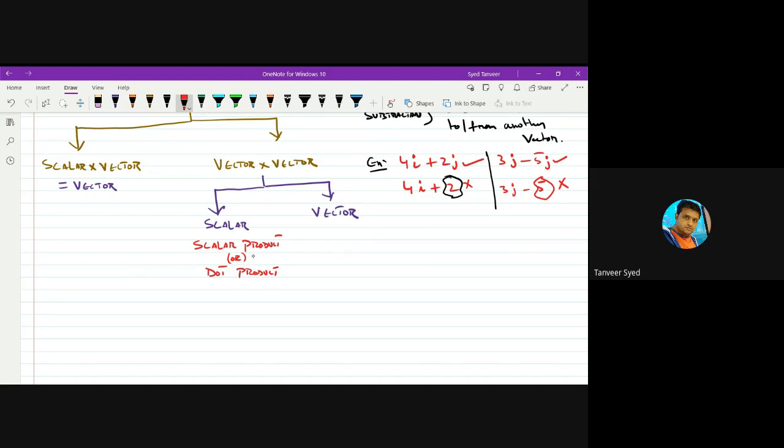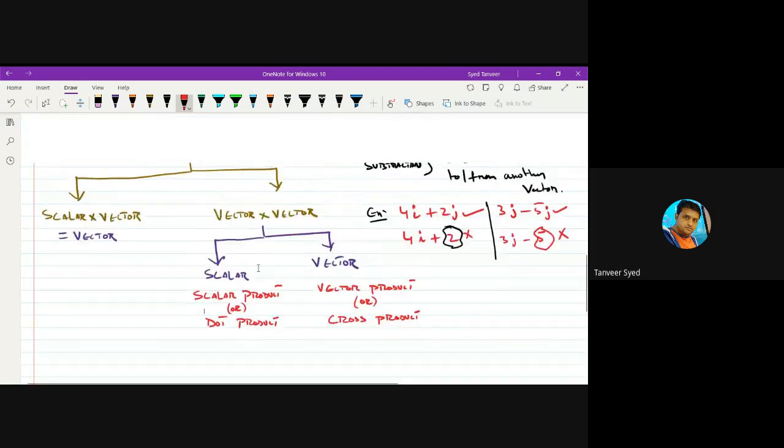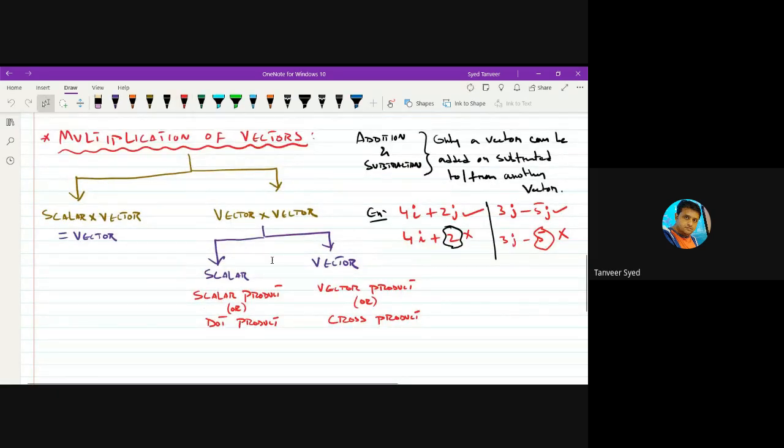If you multiply two vectors and the product is also a vector, then you call it vector product. Another name is cross product. So this is what we get in multiplication of vectors.